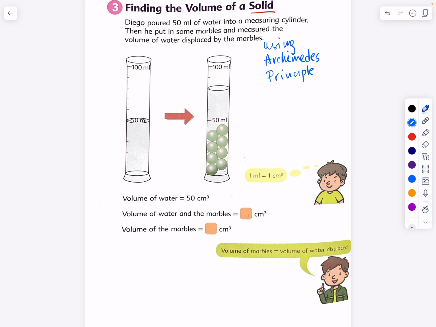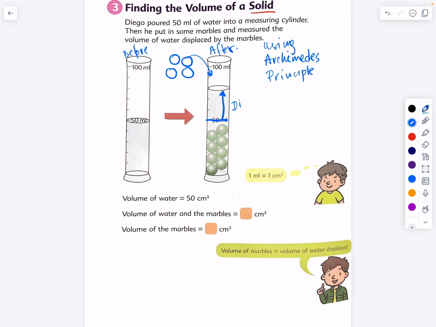But in summary, it states the following. Let's label this before. Let's label this after. It states that if we have water in a container, be it a cylinder or a bathtub or a sea or a fish tank, if we add solid objects, and here we have some marbles, the water level will rise.